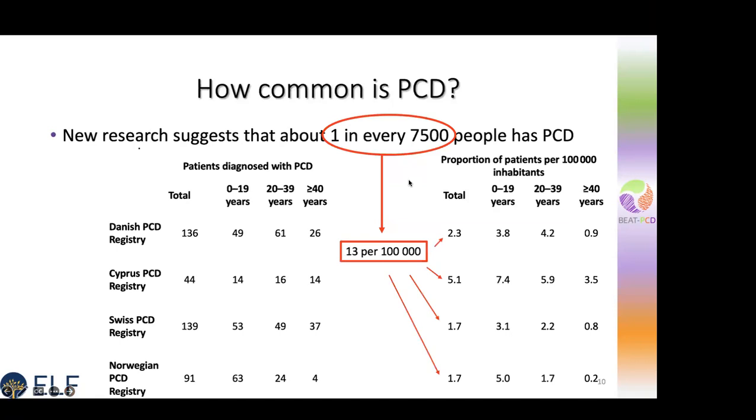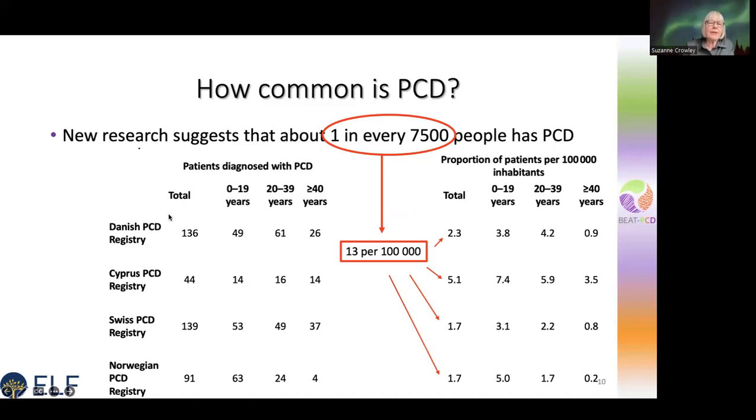Now, the other thing about PCD is that we know that it's probably much more common than we originally thought. And it's now thought about 1 in every 7,500 people has PCD. And that translates to about 13 people per 100,000 or 130 per million.